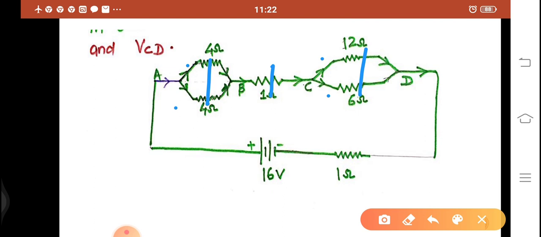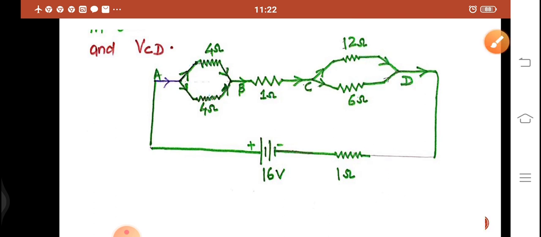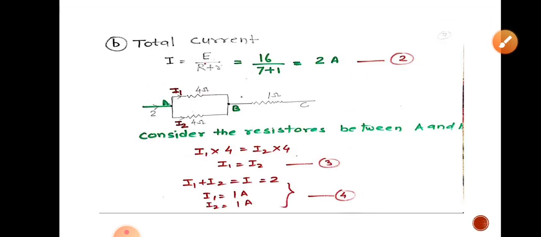So total 7 plus 1, it is 8 ohm. 2 plus 1, 3, 3 plus 4, 7, 7 plus 1, 8. So current will be V equal to IR, voltage is 16, so current equal to 16 upon 8, 2 ampere. Total current in the circuit is 2 ampere.